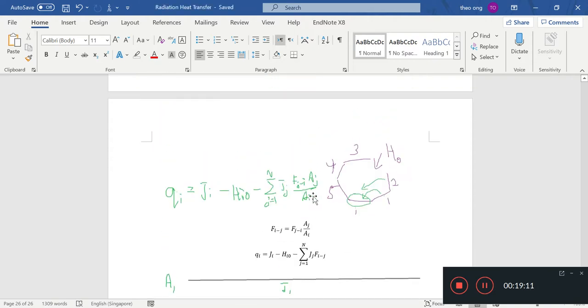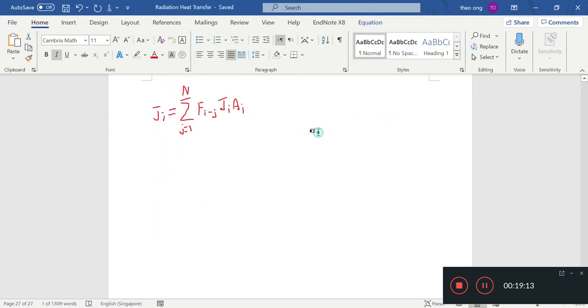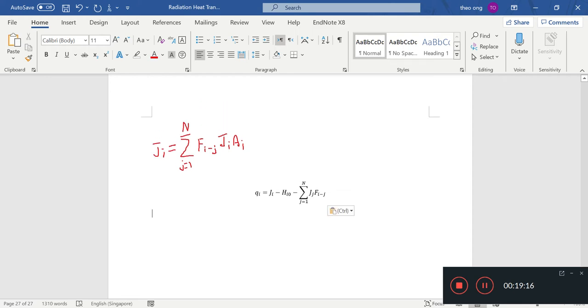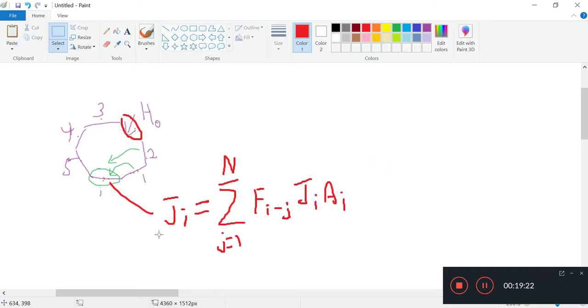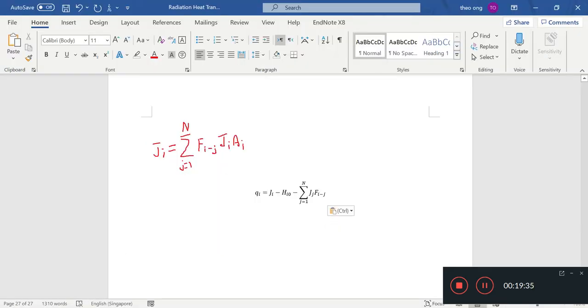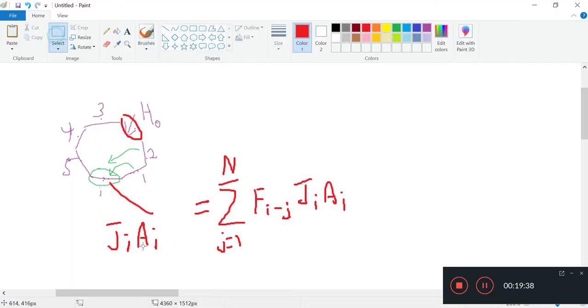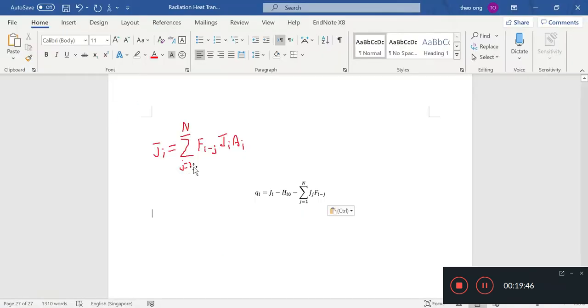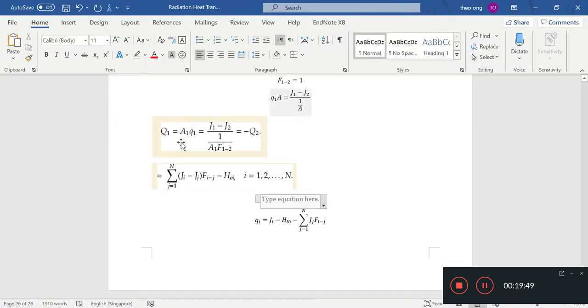If we were to replace it by this, I need to add a disclaimer. This should be Ji Ai. So this is wrong, I'll need to put Ji Ai.